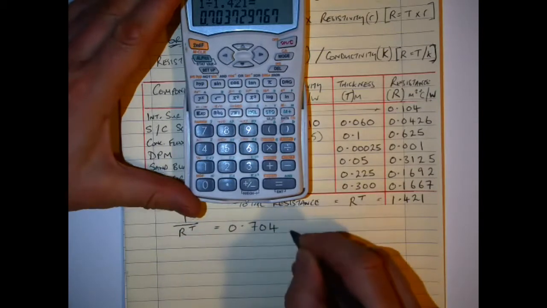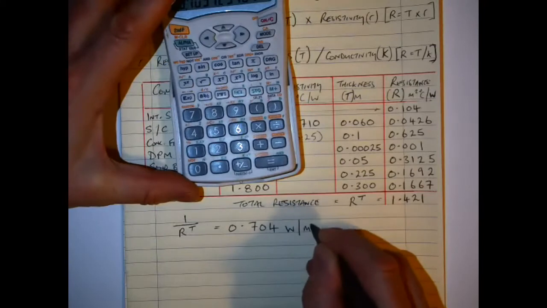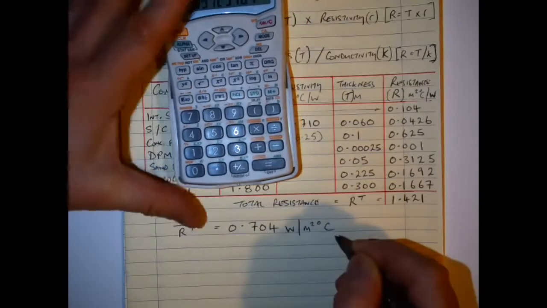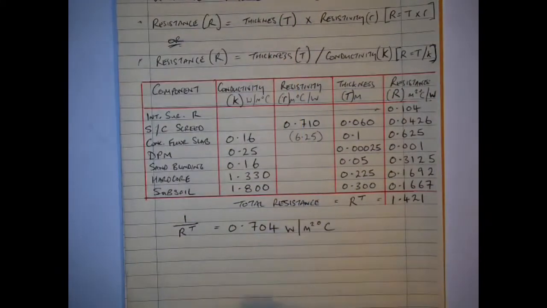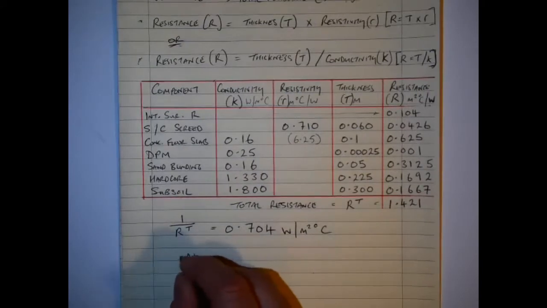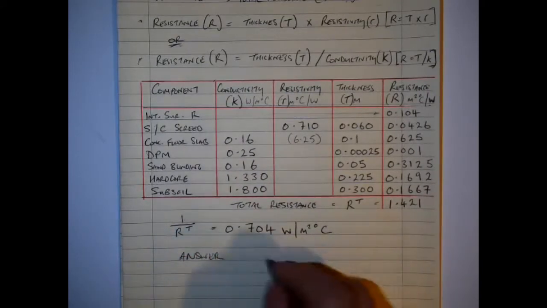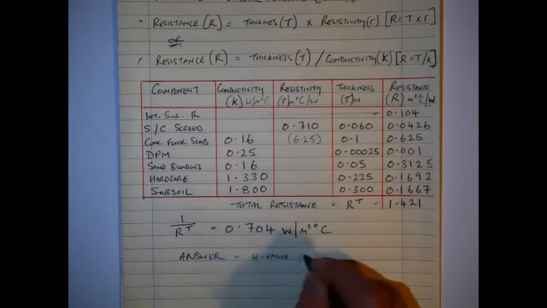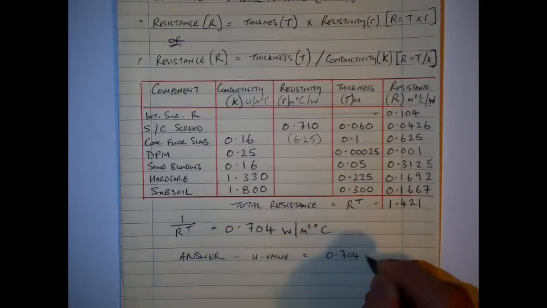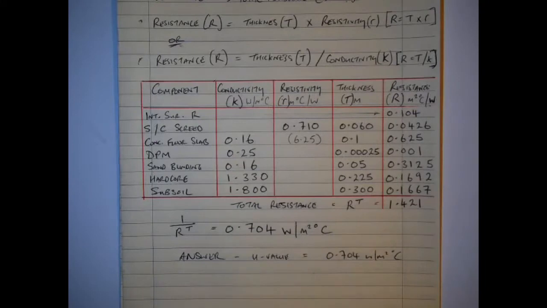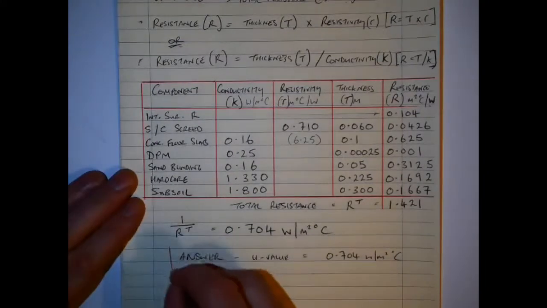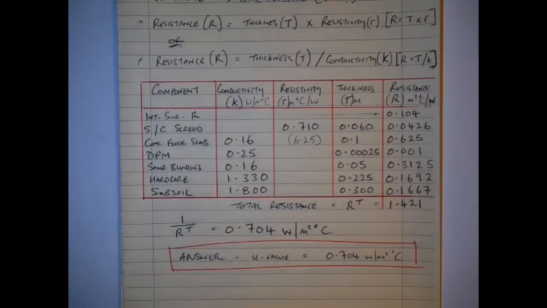If I want to shorten that, I'll just bring it to 3 decimal places, and because it's a 7, I'll bring the 3 up to a 4. The units of measurement are watts per meter squared degrees centigrade. Something I always like to do is highlight the answer at the very end. That's our U value table, part A.